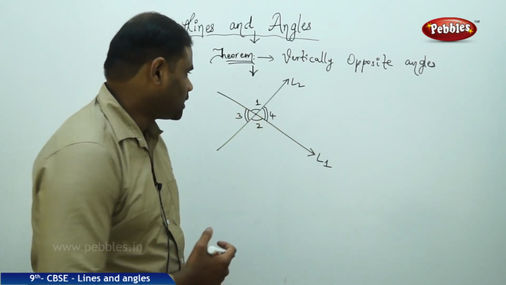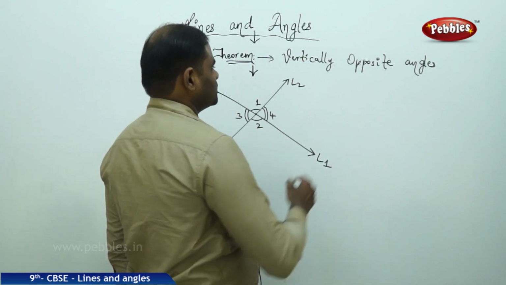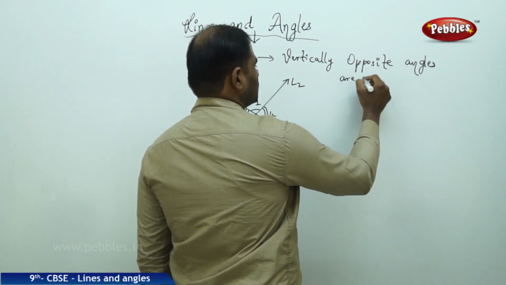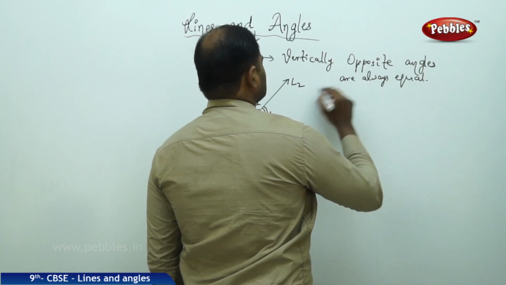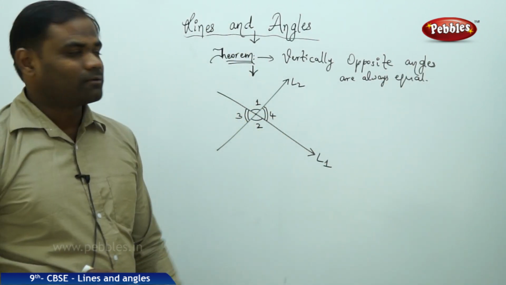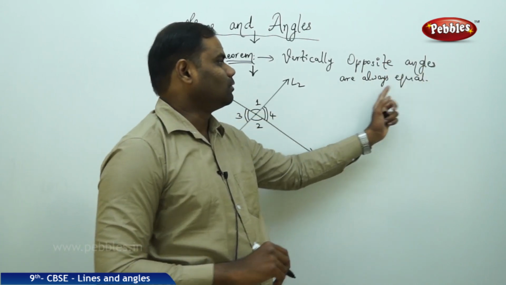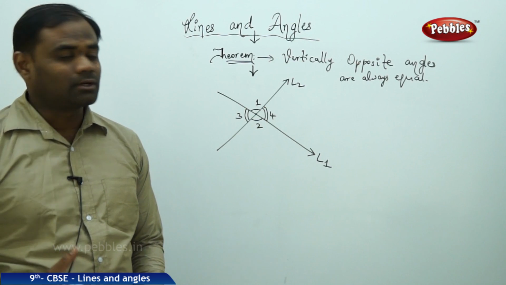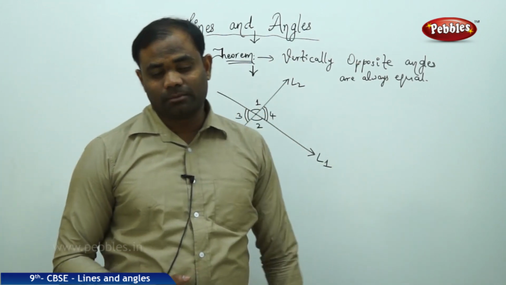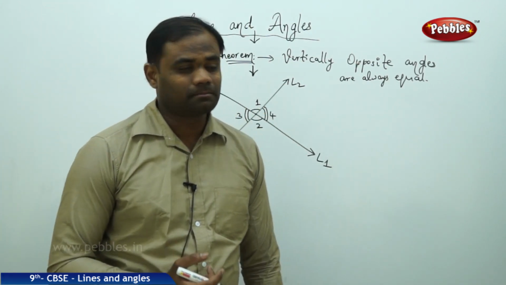Now this theorem says that the vertically opposite angles are always equal. Vertically opposite angles are always equal. Let's see how we can come to the conclusion that vertically opposite angles are always equal.